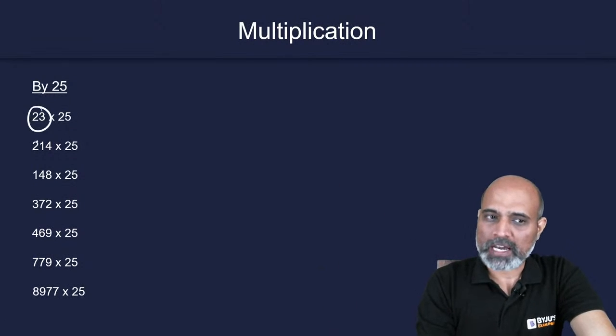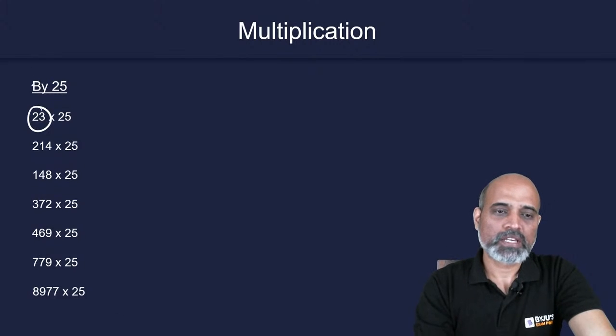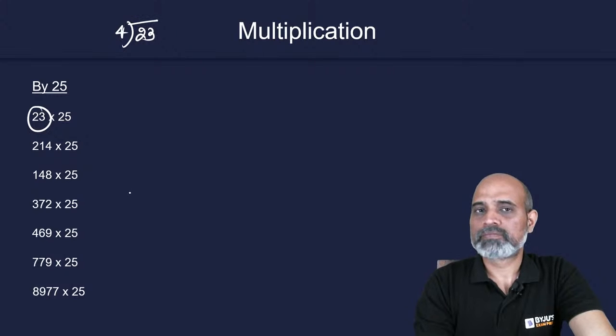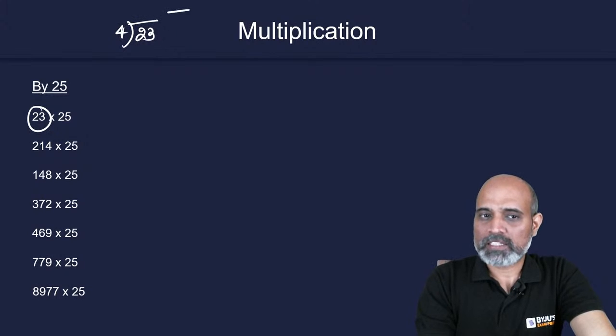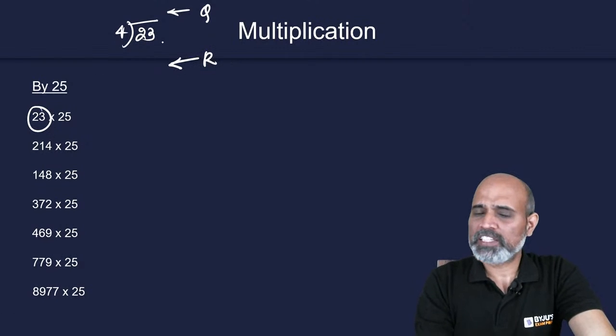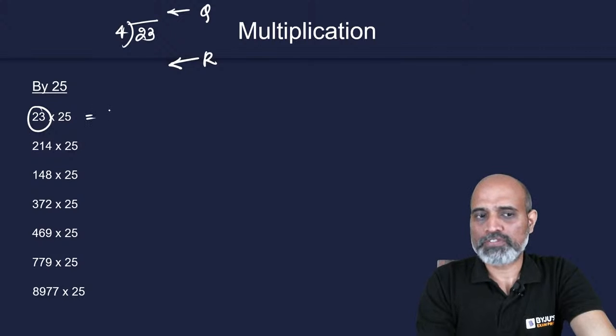तो आप करोगे क्या? आप ये 23 लोगे and you will divide 23 by 4. इधर जो लिखा जाता है उसको अपन बोलते हैं quotient. Whatever is left, that is called remainder. So 23 divided by 4, this will go 5 times, right? 5 into 4 is 20.